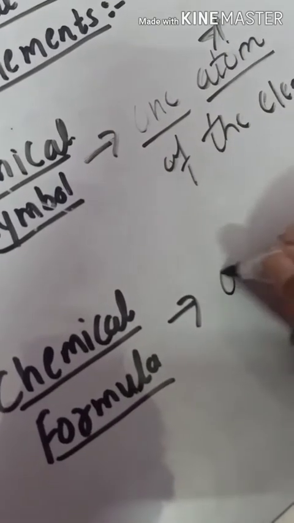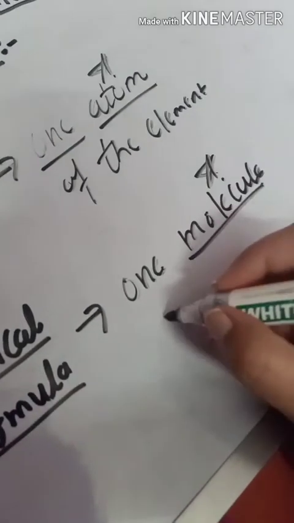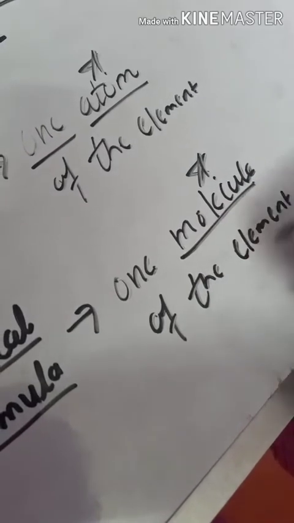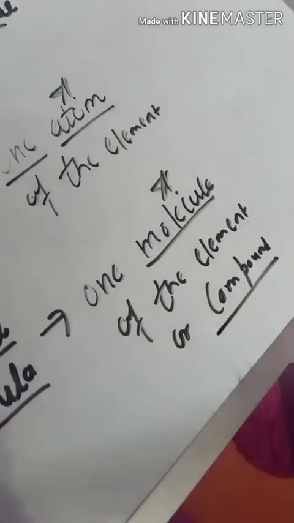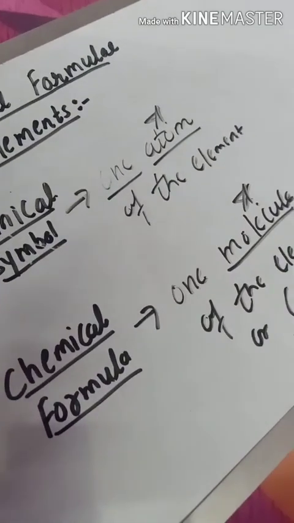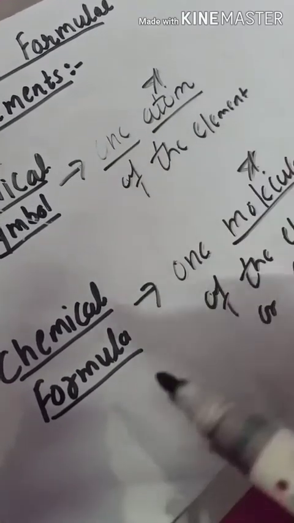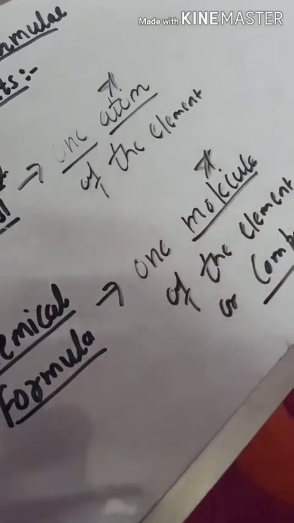And if we talk about chemical formula, then chemical formula represents one molecule of the element or compound. So there is a main difference between chemical symbol and chemical formula. Chemical symbol means one atom of the element and chemical formula means one molecule of the element or compound.